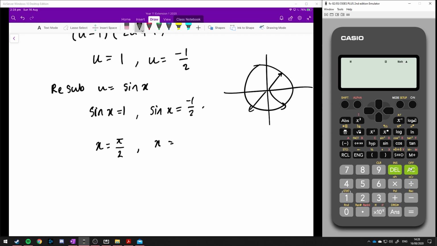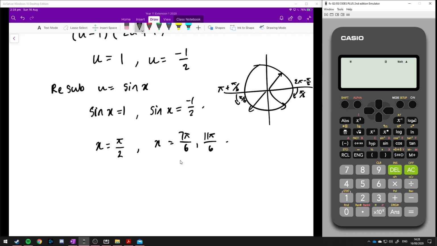So sine is pi on 6 in this direction, and pi on 6 back in that direction. So this is going to be when sine is equal to 7 pi on 6, so pi plus pi on 6, and 2 pi minus pi on 6, which is 11 pi on 6, like that.